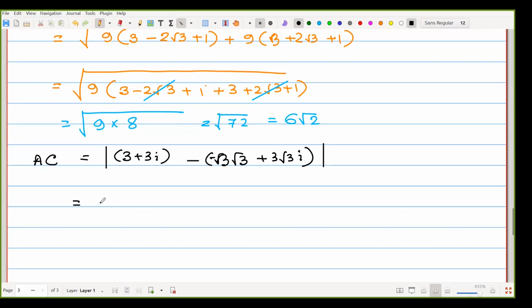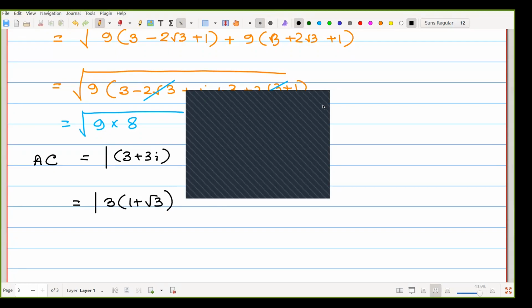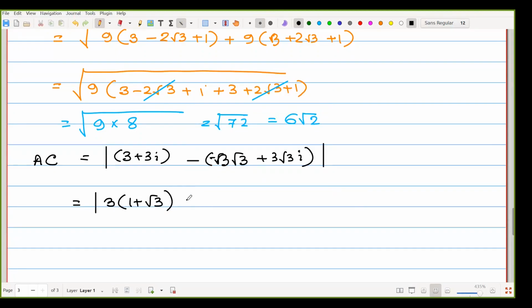If we calculate it, it becomes minus of minus plus, so we can take the common as 1 plus root 3, and here also we can take common the i3, that is 1 minus root 3.